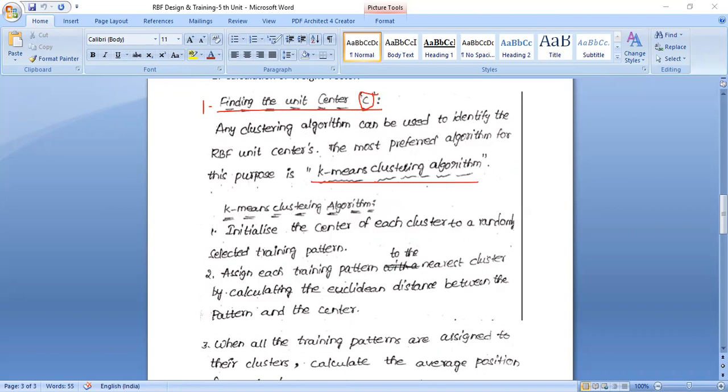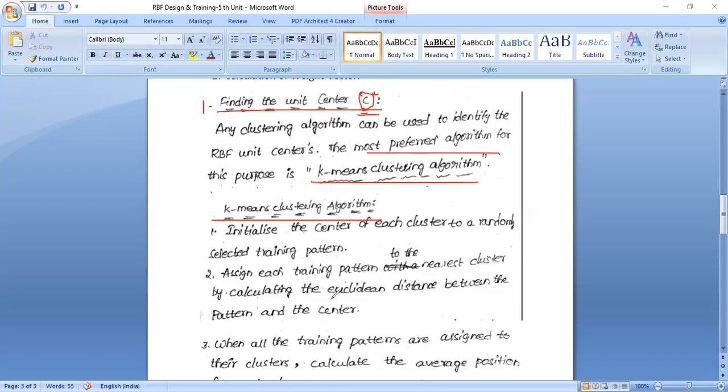It is one of the most preferable algorithms in real time. The k-means algorithm is one of the most preferable algorithms, with a few advantages and disadvantages, right? So what are the algorithm steps? The k-means algorithm steps to find out a center point or centroid of a unit.